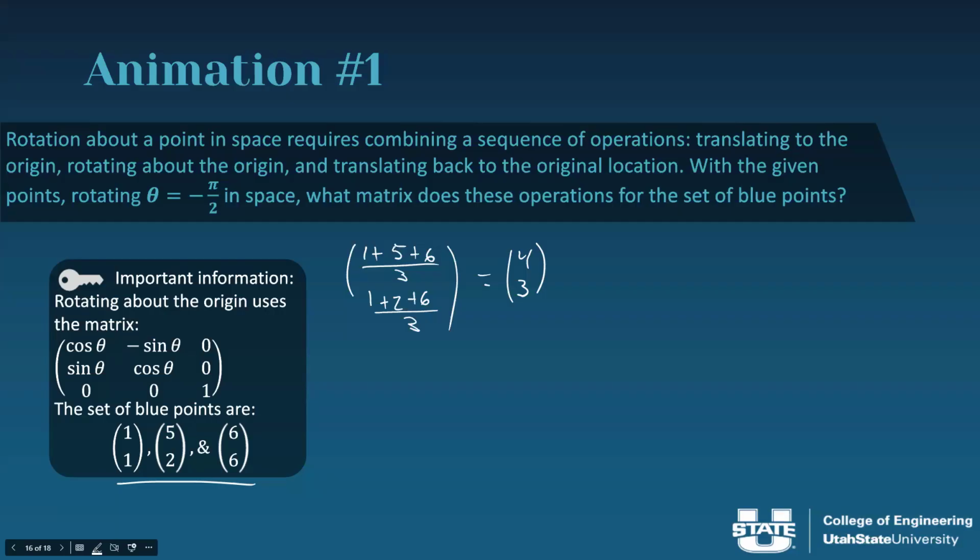So now we need to figure out a matrix such that when I multiply my center of points, 4, 3, and then 1, I'll talk about that in a second, I get the origin 0, 0, and then 1.